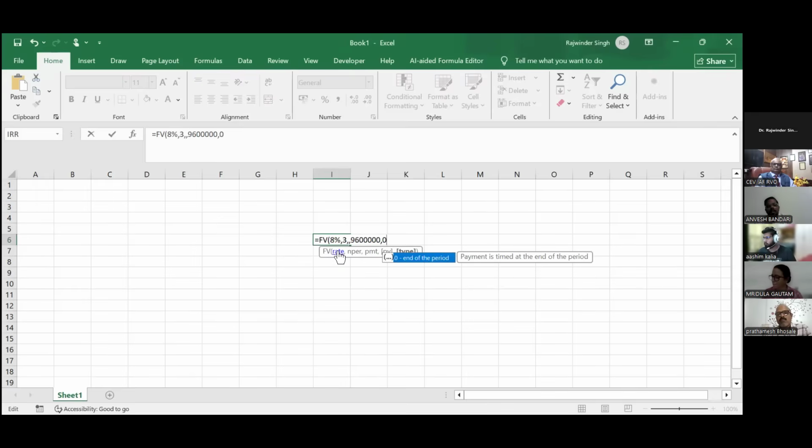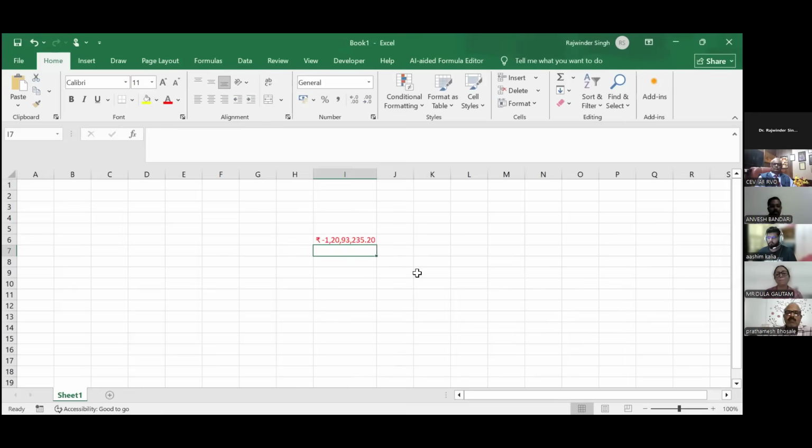If you want to put it, just put 0 in place of type. Just close the bracket. Okay, just press enter. So 12 crore 9 lakhs, approximately you will get the same answer.